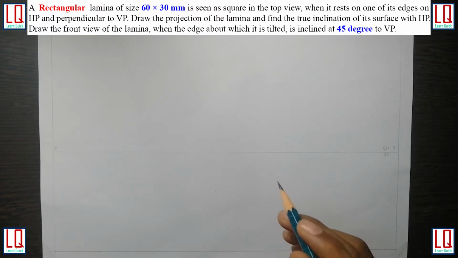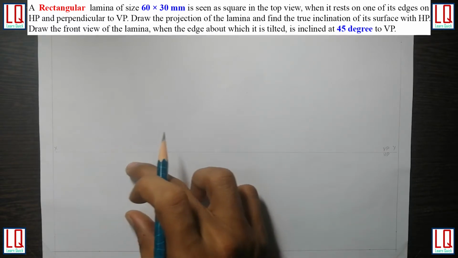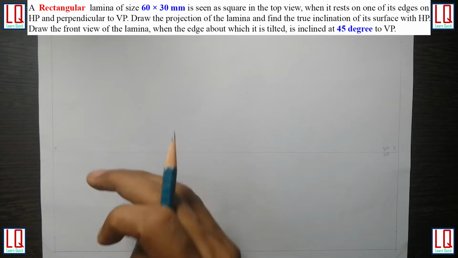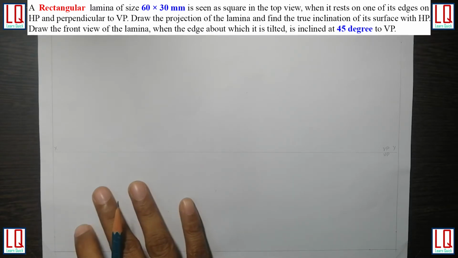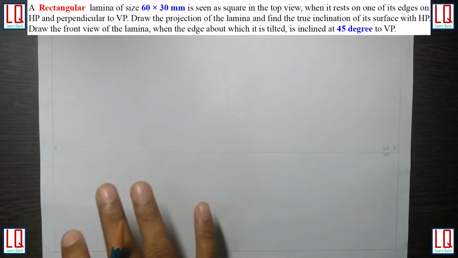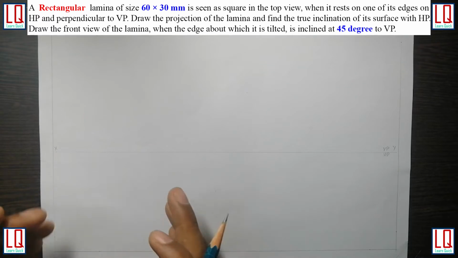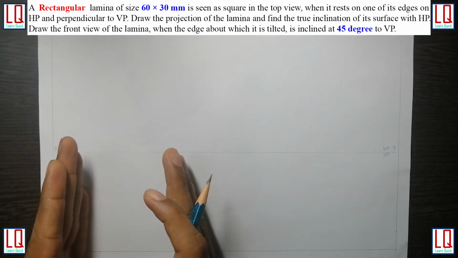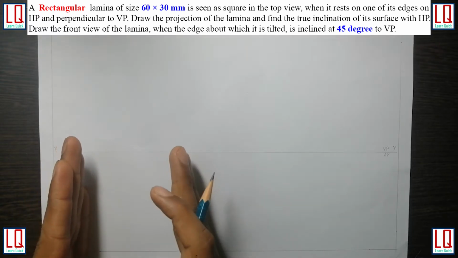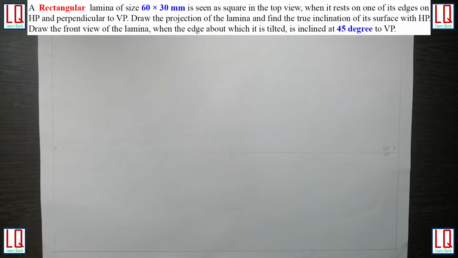To start with, we decide to draw the rectangular plane in step 1 below the XY line. We are doing this because it is given in the question that the rectangular plane is resting on the edge on HP. Most importantly, we keep the short side of the rectangle either on the left side or the right side, so that when we incline it, the rectangle becomes a square.